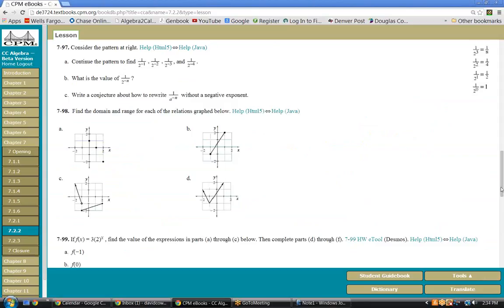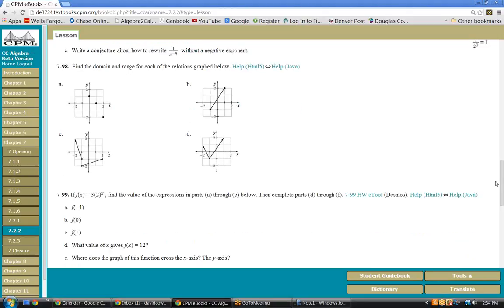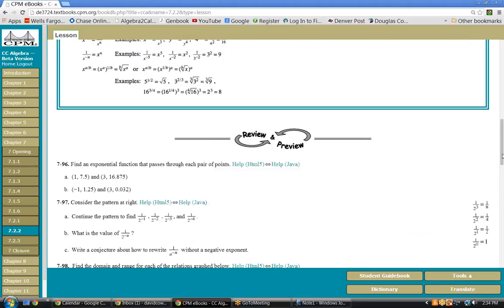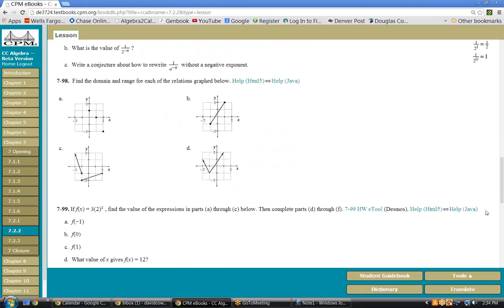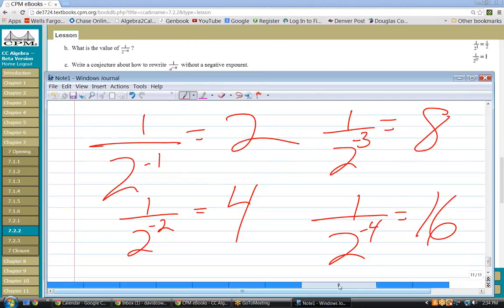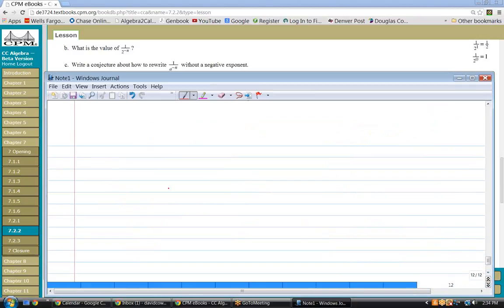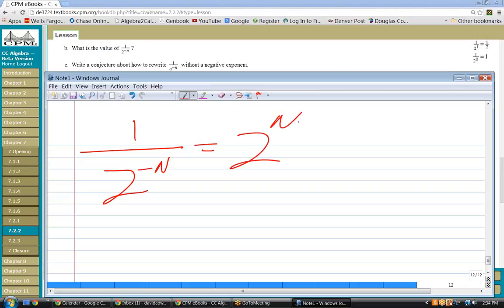What is the value of 2 to the minus n? Use the same exact logic that we just used. 2 to the n over 1. Yeah, it's just 2 to the n. You don't need the 1.